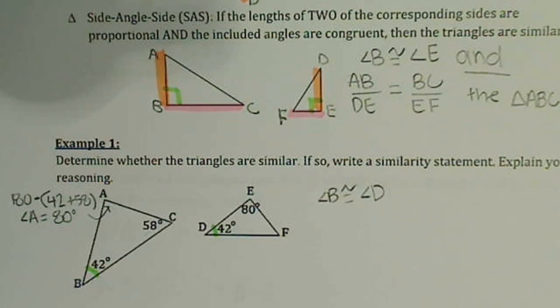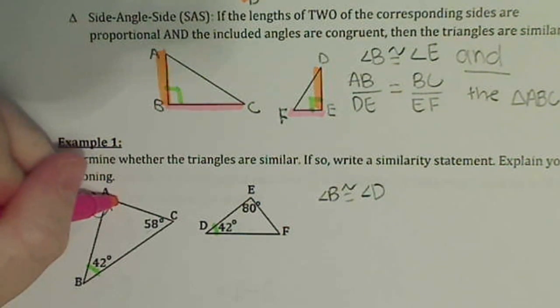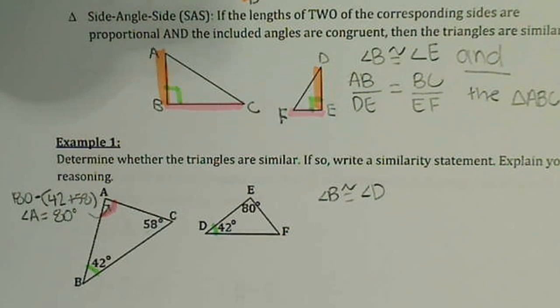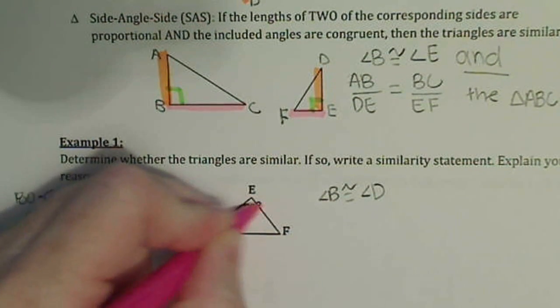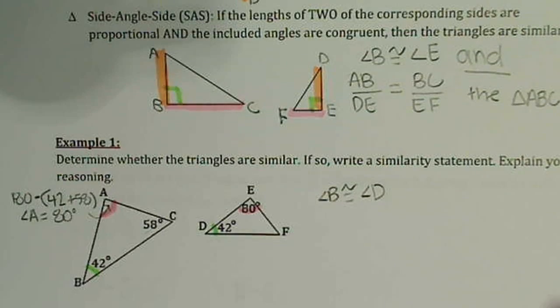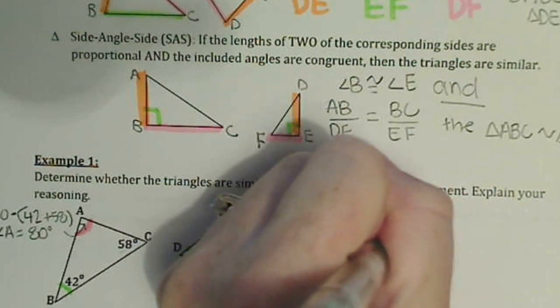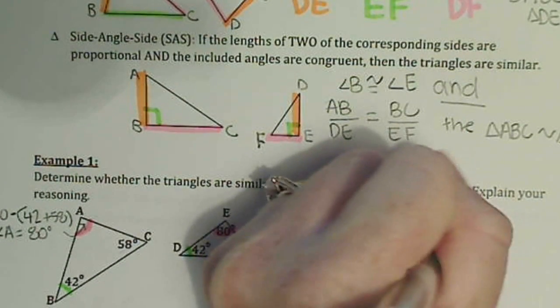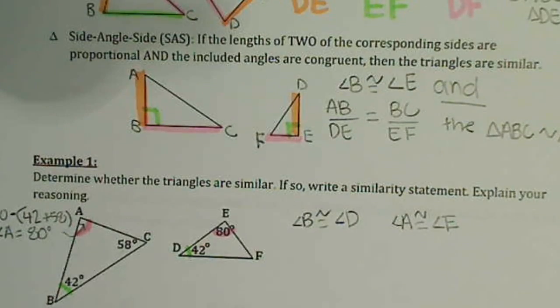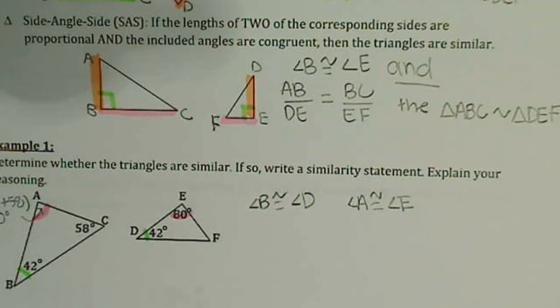Hey, that works out because angle A is 80 and so is angle E. Angle A is congruent to angle E. So I have two angles. So by AA similarity, these two triangles are similar. Now you need to be careful how you list the letters. I'm going to go in order here. A, B, C.